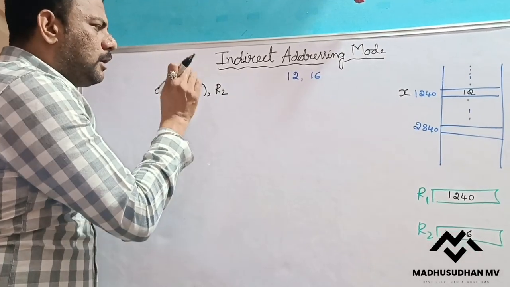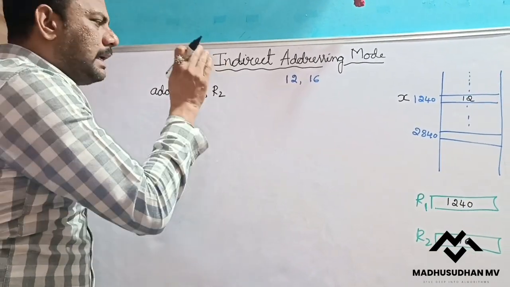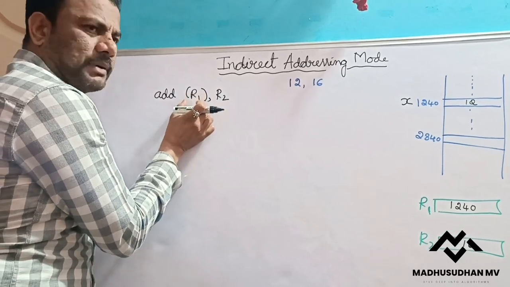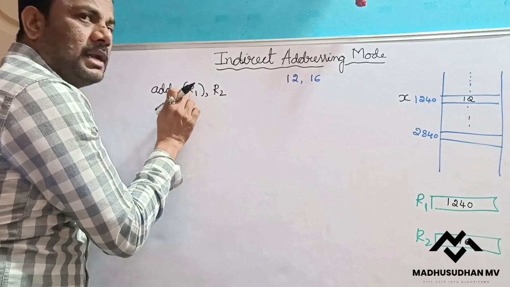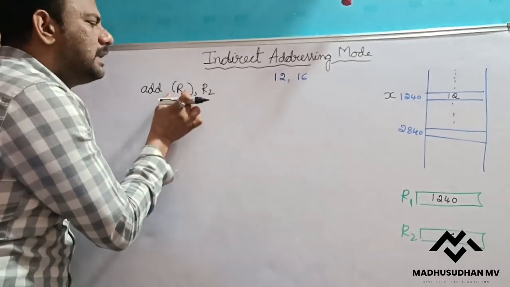If I write R2 as it is, or a variable name, it indicates that it contains a value. If I use parentheses, it indicates that R1 contains not the number, but some address.